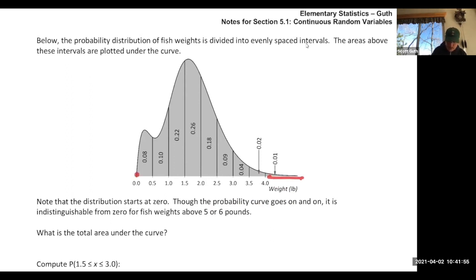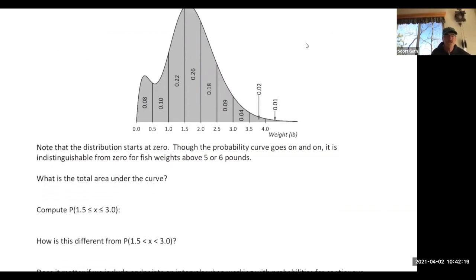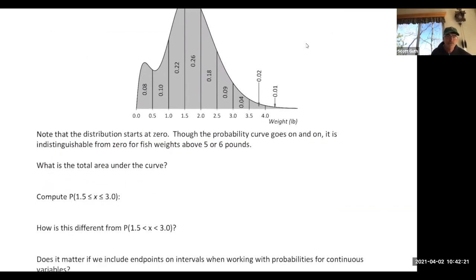We know that there's no fish less than 0 pounds, so it's good to have the curve stop on this side. But the curve should be allowed to go out, with the probabilities just going to 0. So it says the distribution starts at 0, though the probability curve goes on and on. It's indistinguishable from 0 for fish weights above 5 or 6 pounds. It's never exactly zero, but it's effectively zero once you get to the heavy weights for the fish.